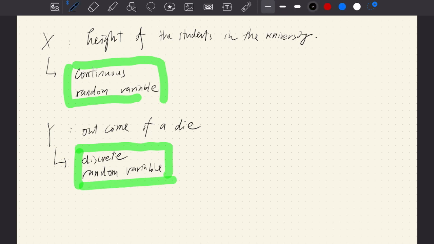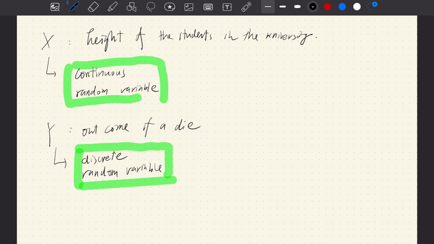Okay, there are a lot of examples of continuous random variables. For example, we talk about height, right? We can also talk about weight, like the weight of students in the university. Or we can talk about time. For example, if you have a queue and the customers are waiting to get served, then the length of time each customer spends waiting in the queue can be described as a continuous random variable.